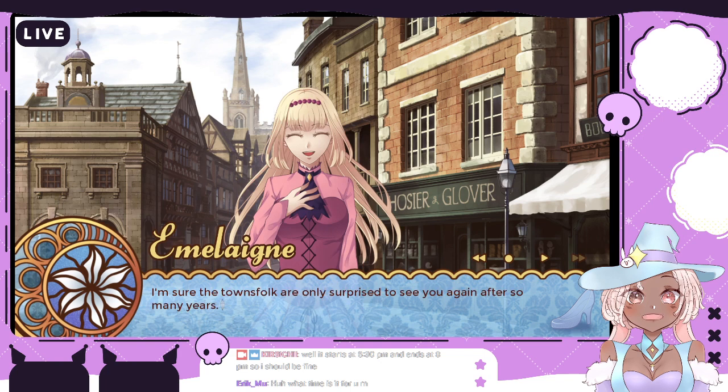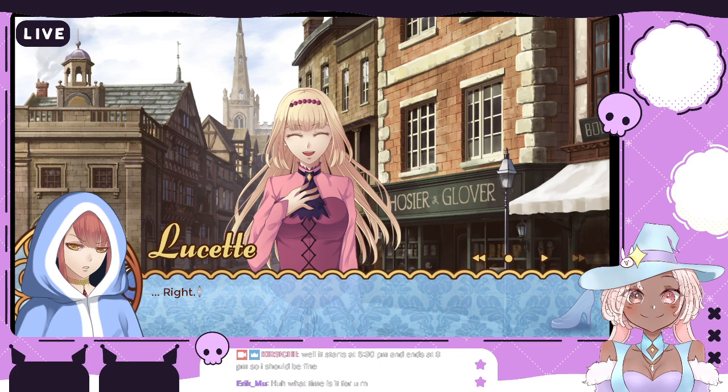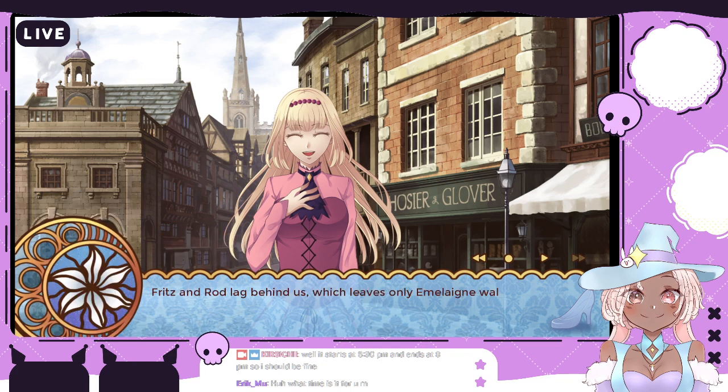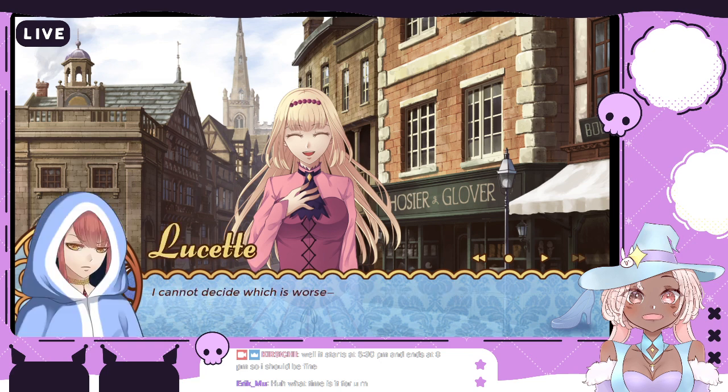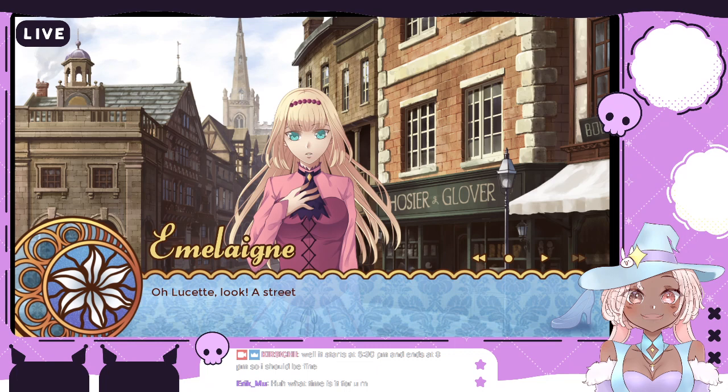I'm sure the townsfolk are only surprised to see you again after so many years. Right. Fritz and Rod lag behind us, which leaves only Emmeline walking beside me. I cannot decide which is worse, the staring or her company.